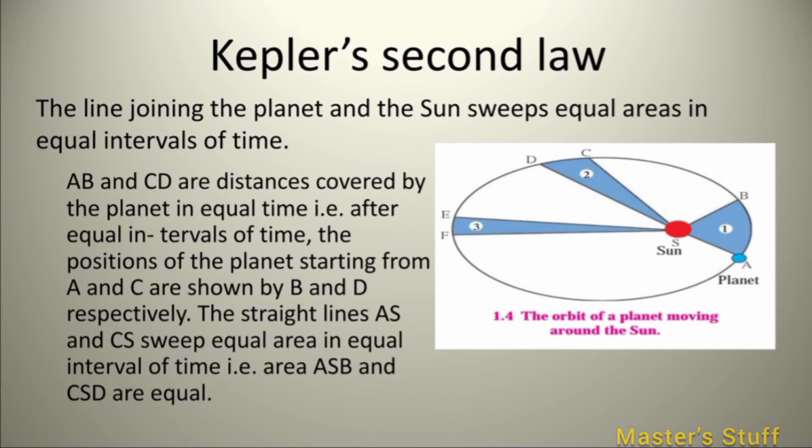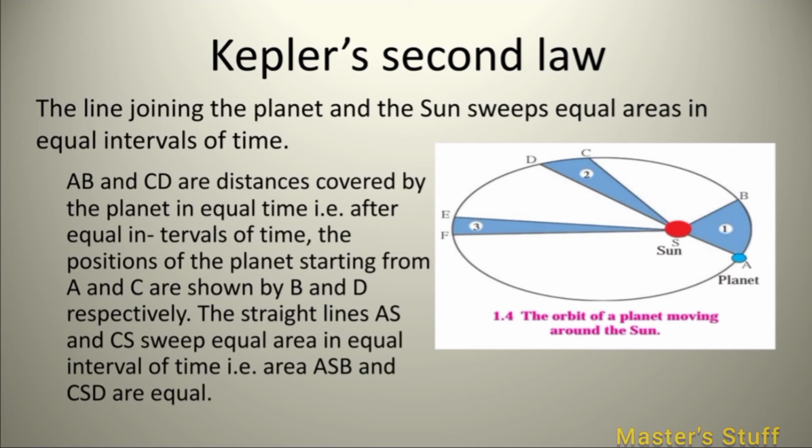That is, if for travelling from point A to B, the planet covers about x unit square of area, then the time required may be 1 hour, let's suppose.